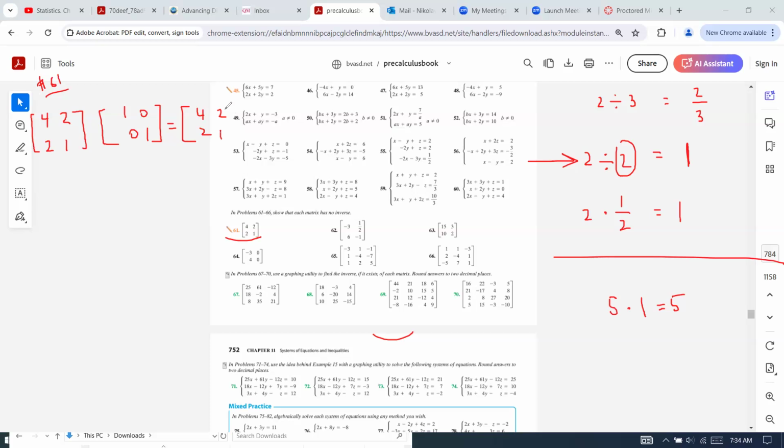So the question is, is that right? Let us double check. And to recall how we used to deal with multiplying matrices, we always used the row of the first multiplied by the column of the second.